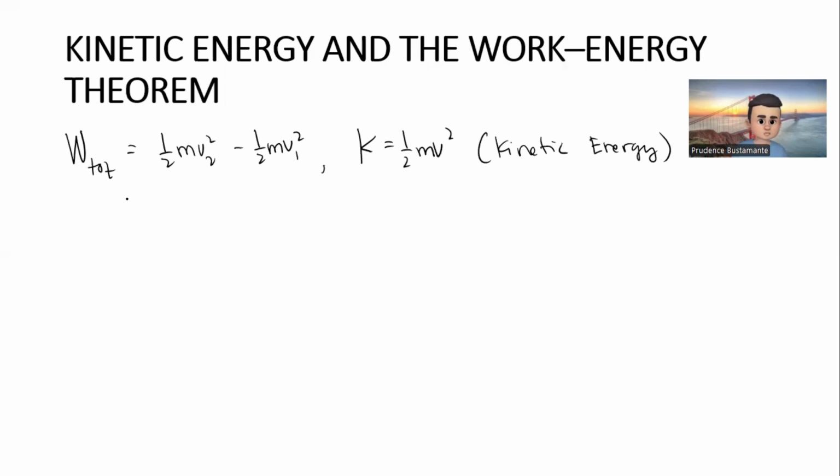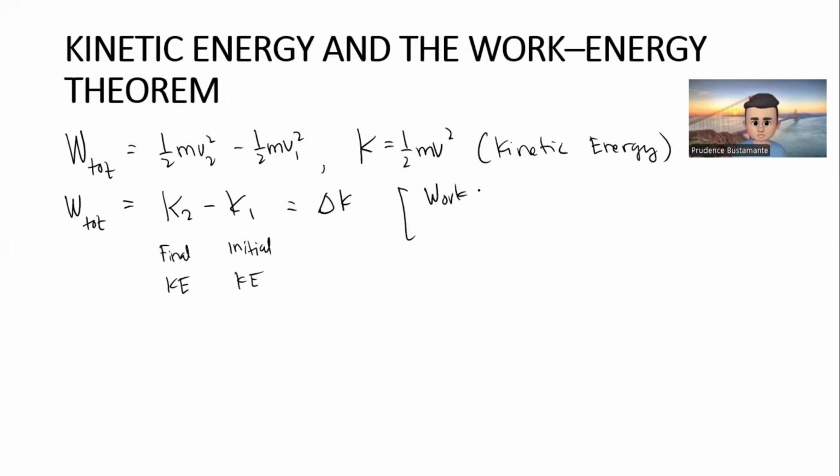Therefore, the work total is just equal to the final kinetic energy minus the initial kinetic energy, or the change of the particle's kinetic energy. That's why it is called the work energy theorem.